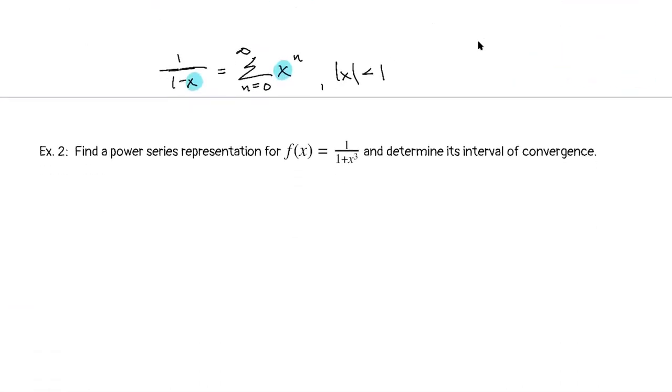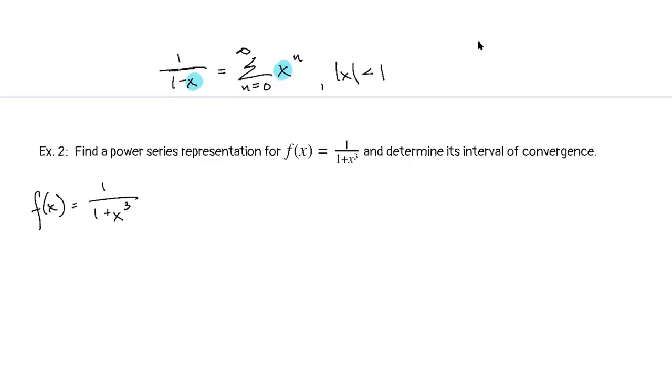So we start with f of x equals 1 over 1 plus x cubed. You might think this looks way different than what we had before, since this one has the cube and the other didn't, so how do we make a connection?